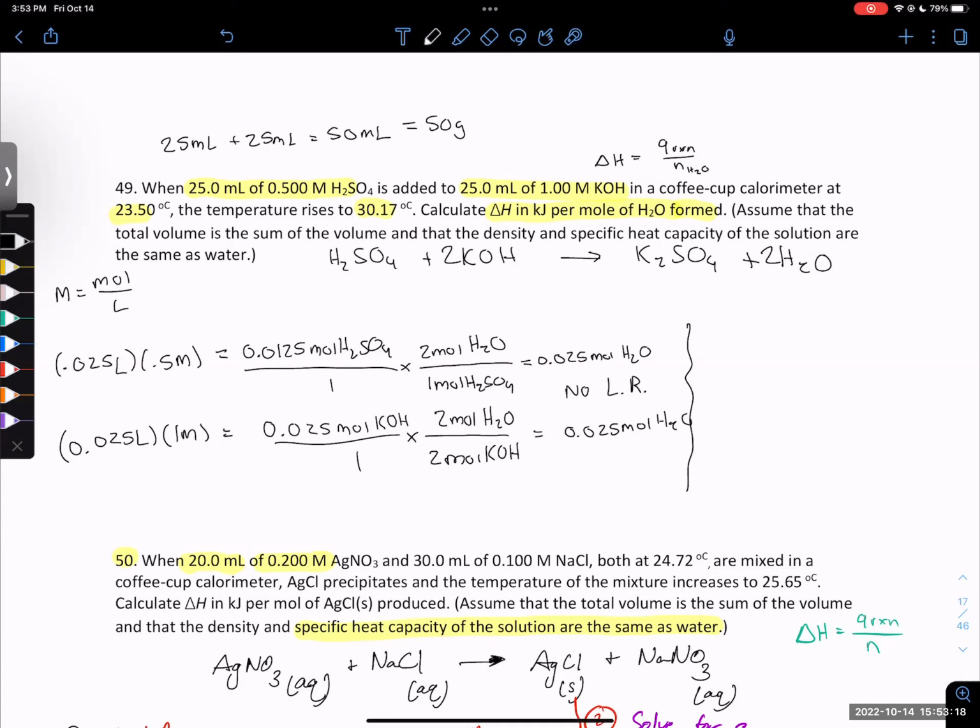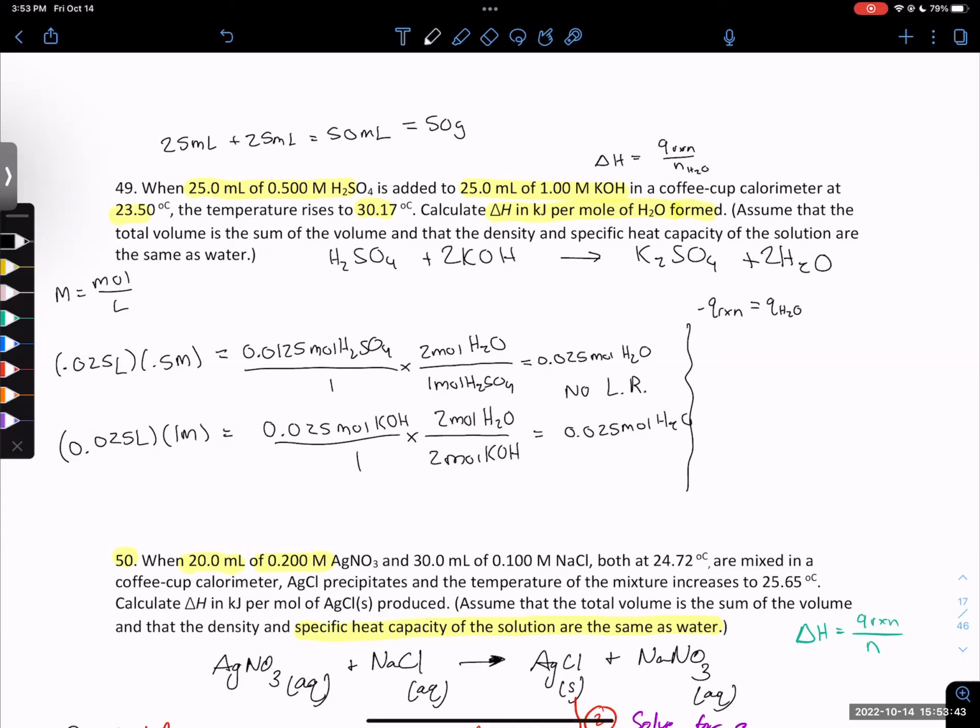So from here, we need to figure out the heat, right? Because we found the moles of water, but we need to find the heat associated with the reaction. We do that by using negative Q of reaction, because we know that it's negative because the water's increasing in temperature, is equal to Q of the water.